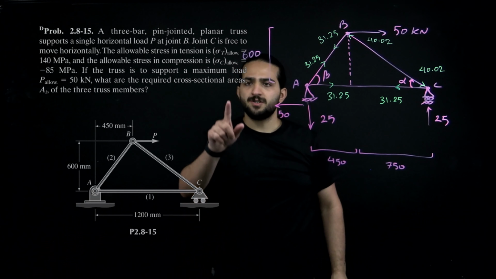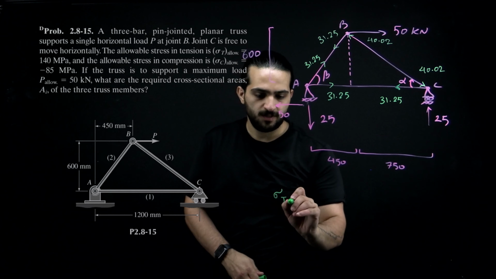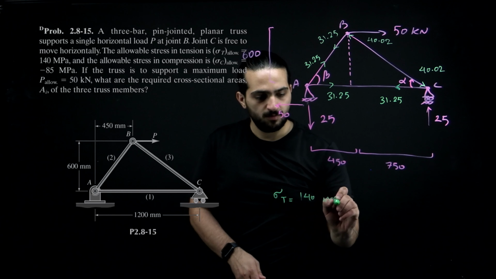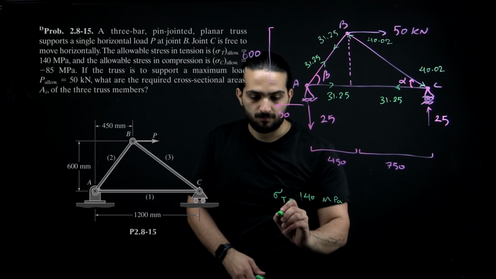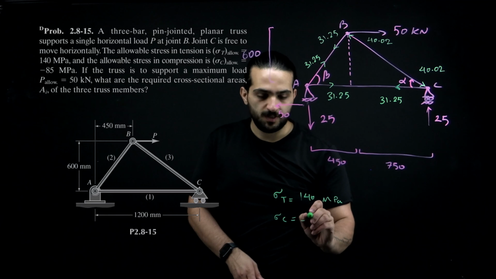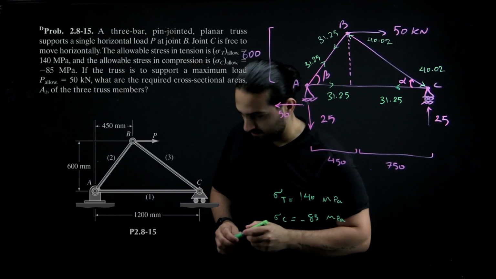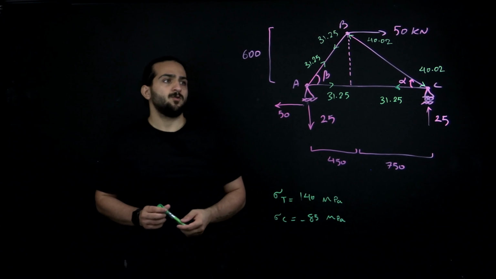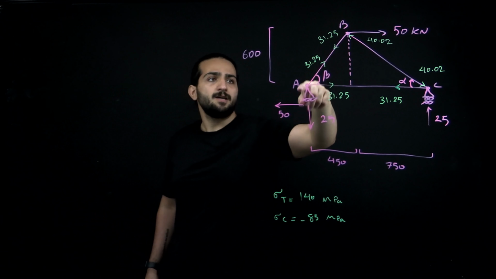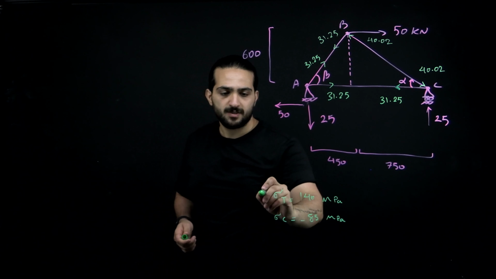Okay, in the question, the allowable tensile stress is given to us, which is 140 megapascal, and the allowable compressive stress is negative 85 megapascal. Members AC and AB are in tension, so we're going to use this condition.